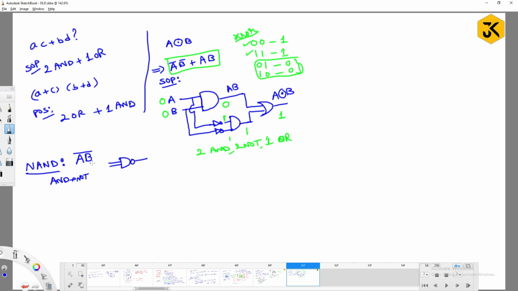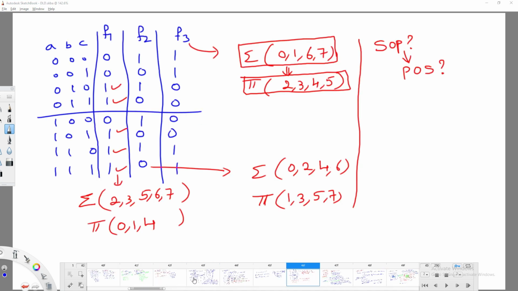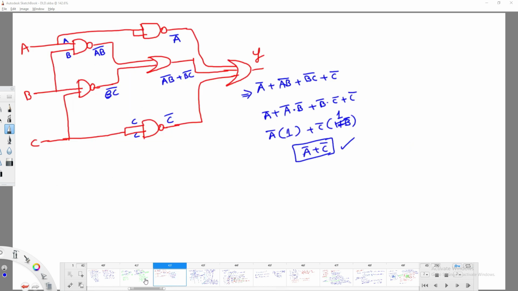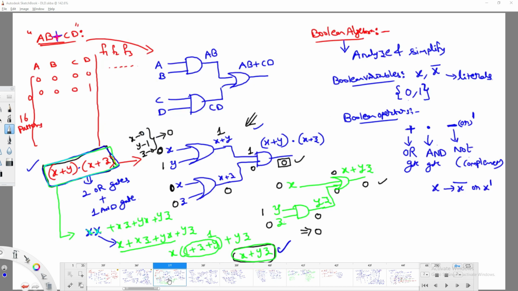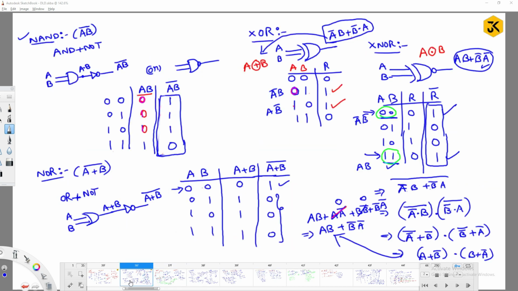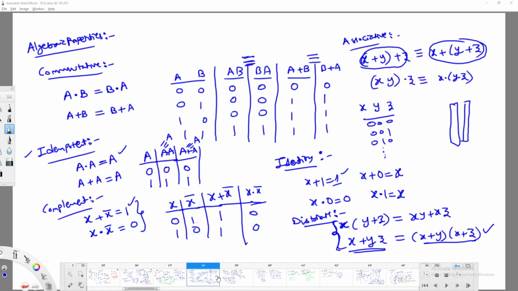Okay, fine. So guys, we explained elaborately the basic properties of Boolean algebra. If you observe here, what does this dot represent?